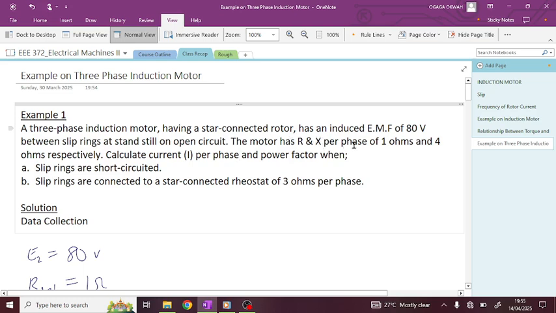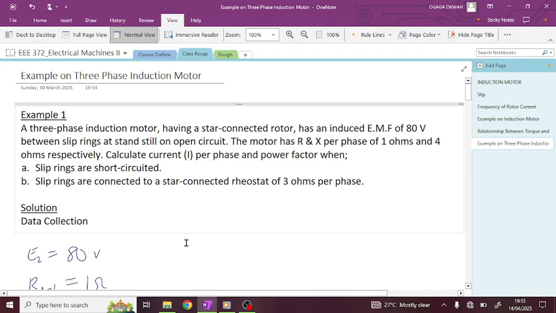The motor has resistance and reactance per phase of 1 ohm and 4 ohms respectively. Calculate current per phase and power factor when (a) slip rings are short circuited, and (b) slip rings are connected to star connected rheostat of 3 ohms per phase.